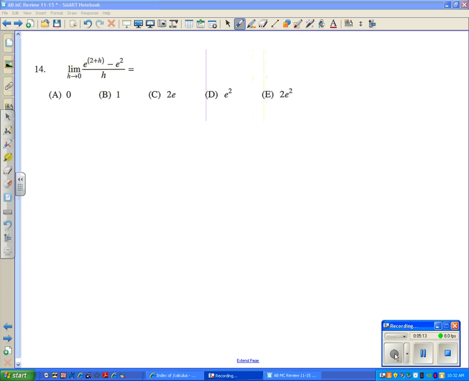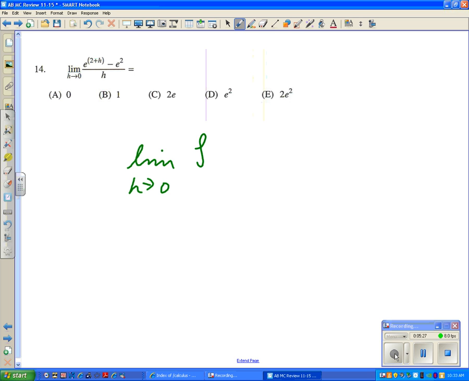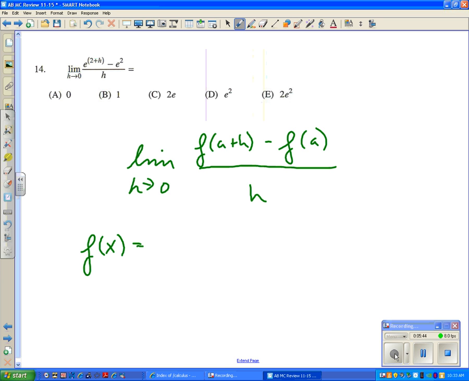This goes back quite a ways to recognizing the formal definition of a derivative. The formal definition of the derivative was the limit as h goes to 0 of f of a plus h minus f of a over h. Now, our function is nothing more, nothing less than e to the x.